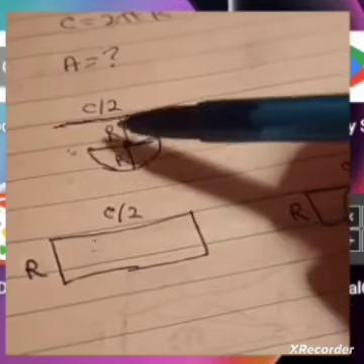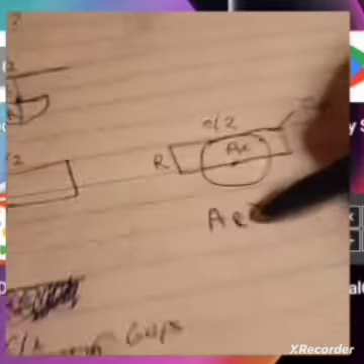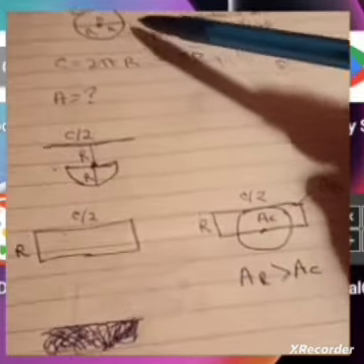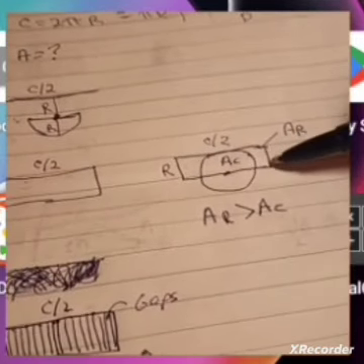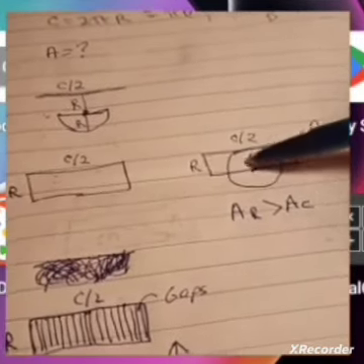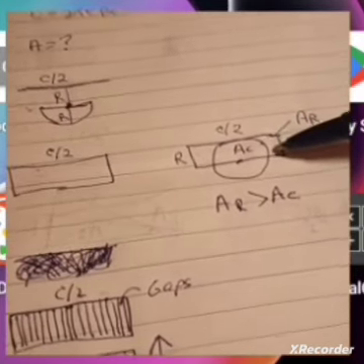So just take this area here, you'll get half the circumference times the radius, and clearly that's more than the upper part here of the circle, the upper hemisphere. See, it's much more.